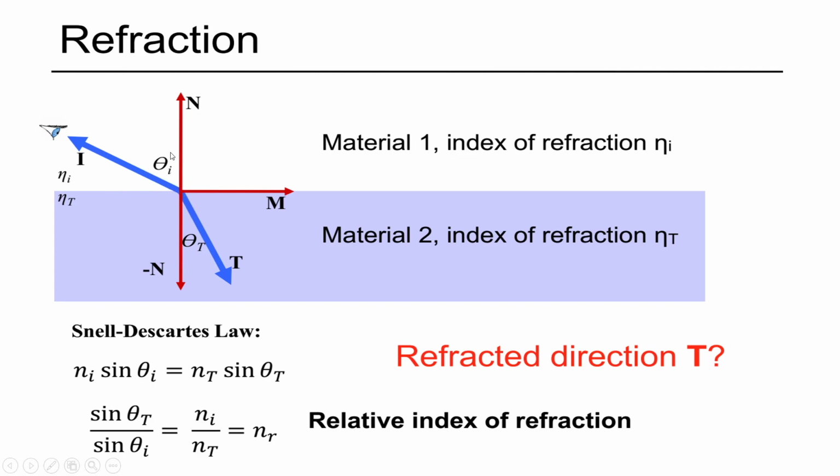Actually, it's reverse. It's the sine of the outgoing ray's angle divided by the sine of the incoming ray's angle. That is what we denote as the relative refractive index for this medium with respect to air or another medium.